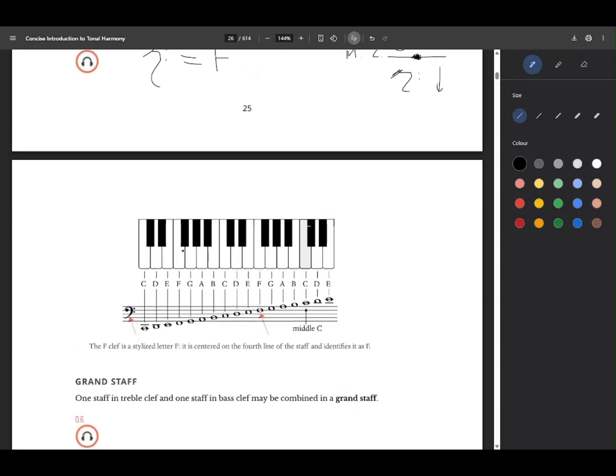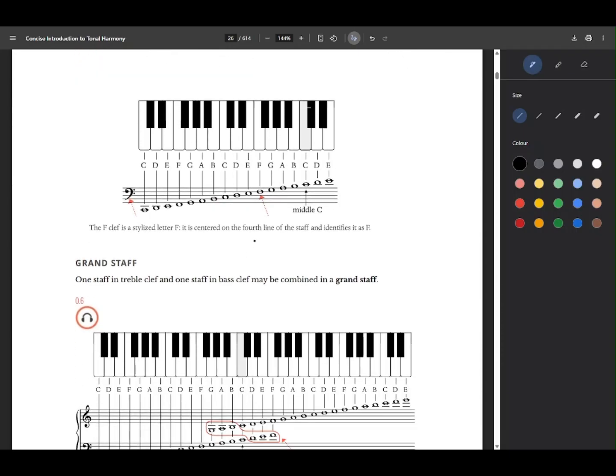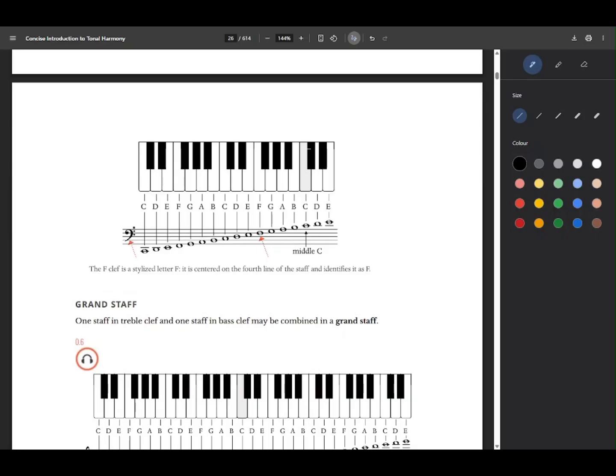So here we are with the same diagram. We have an arrow pointing at our clef. This is our bass clef, also known as F clef, even though it doesn't look like an F. The reason it's called our F clef is because of right here.